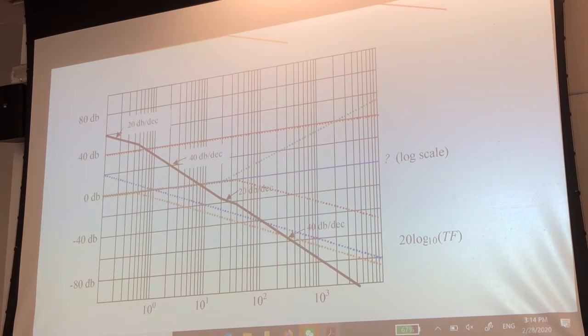So the reason we can do this multiplication or adding all these things is because we're using a log operation. So that's why Bode plot is very popular.